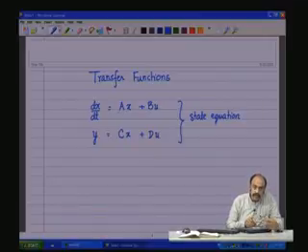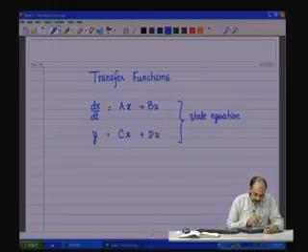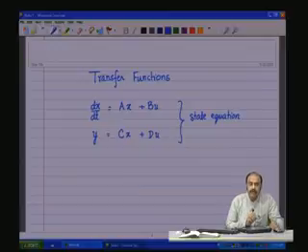If there is more than one state, x itself will be a state vector, and if there is more than one input, u will be an input vector, A will be a matrix, B will be a matrix, and so also C and D. This is the state equation that we know how to obtain for any given circuit.